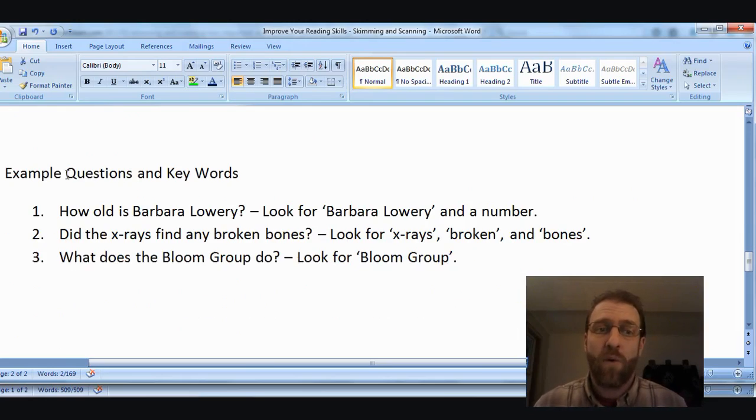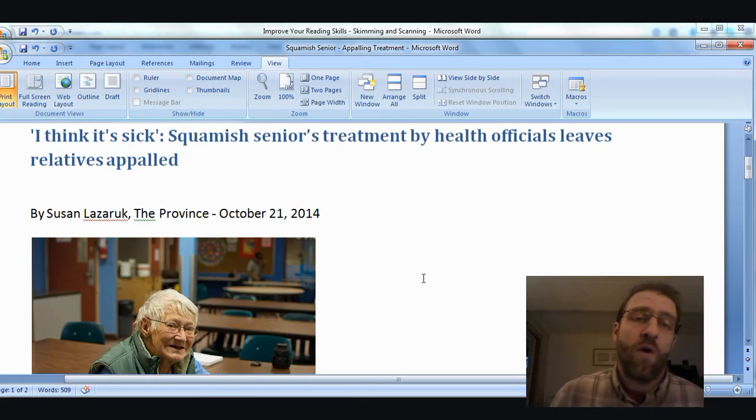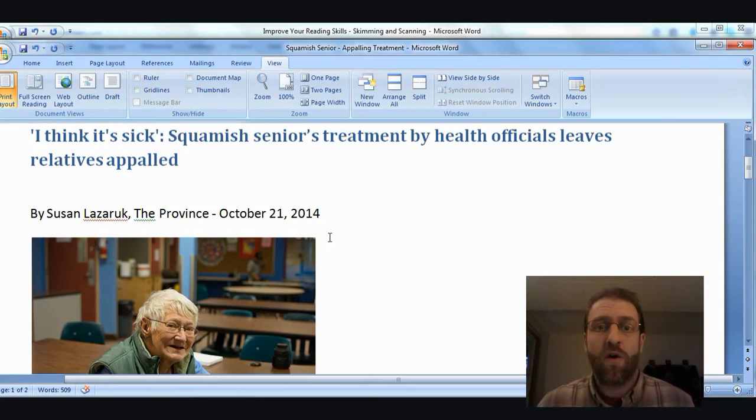I have some example questions here and some keywords for us to look for. What we're going to work with is an article from the province newspaper. So I'll put that on the screen now, and here's the article. Right away, when we look at an article, the headline, or the very top sentence, the big one, is what jumps out at us. And in here I see lots of content words.